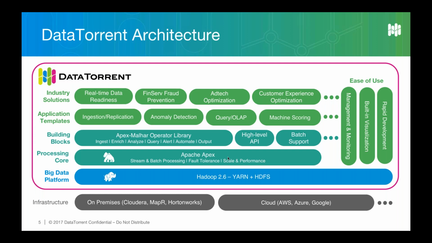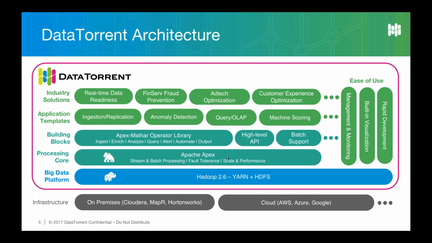You can imagine that these streams can have multiple sources, and the platform implements this through what is called a buffer server. It's like a publish-subscribe mechanism where an operator, when it's sending out tuples to the downstream operator, will publish these tuples to the buffer server, and the downstream operator subscribes to the buffer server to receive these tuples. All of this is part of the Apex core engine.